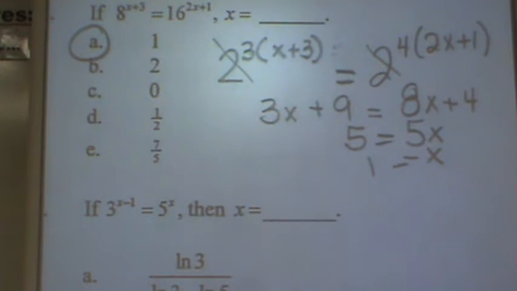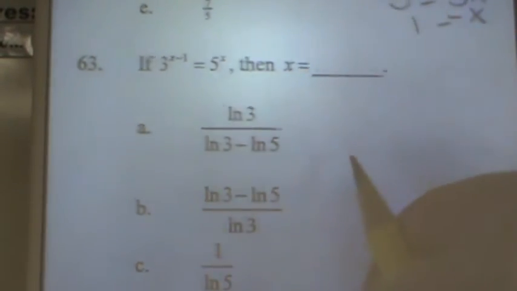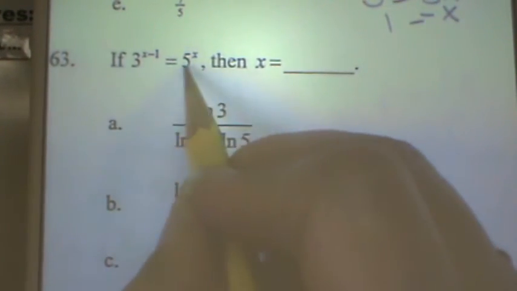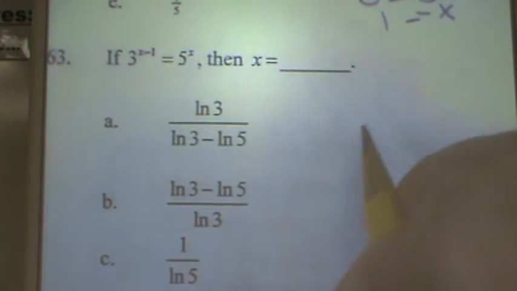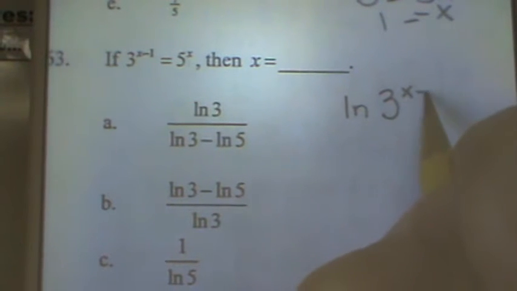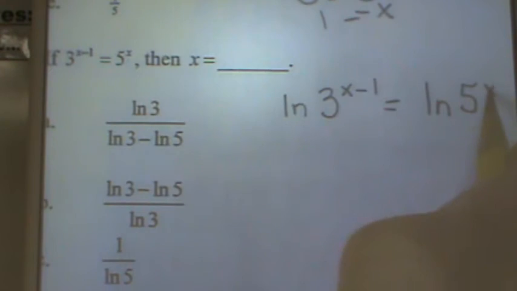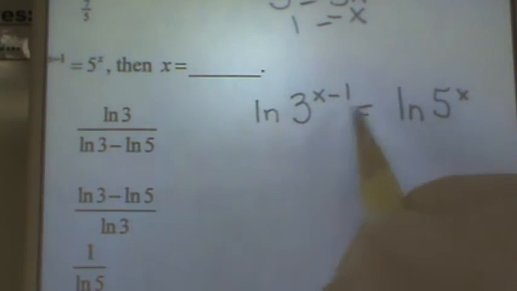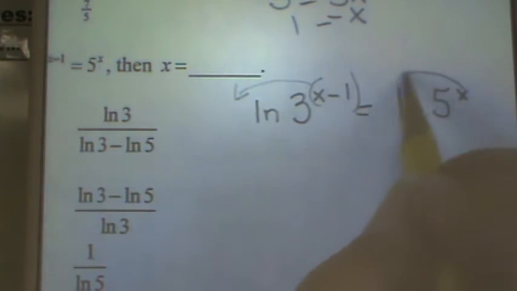Okay, this next one is kind of tricky. To do this without a calculator, you've got bases that are different and you've got exponents, so you can't write this in log form. So you're going to take the natural log of both sides. Now the power rule says to take this power and bring them in front.